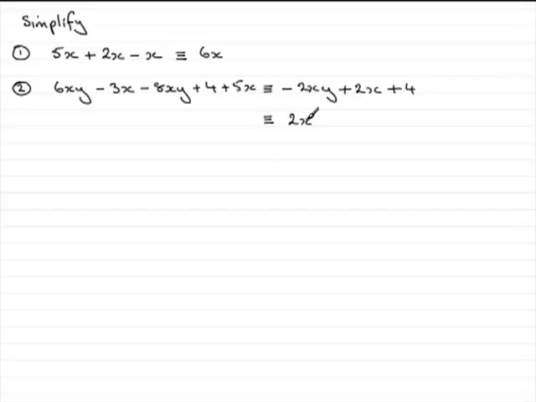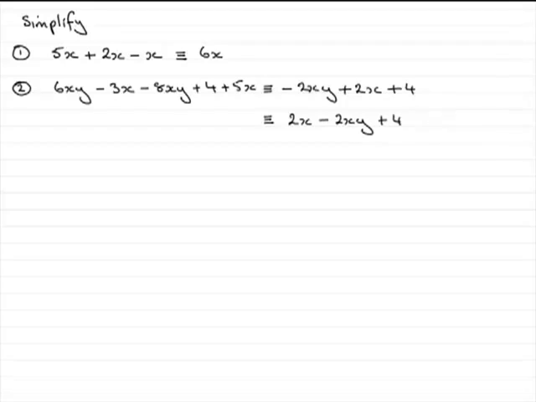So I've got 2x, and then I've got the option of either writing minus 2xy or the plus 4. Let's suppose I choose to write minus 2xy in. There you go, minus 2xy and then plus 4. But I could write is identical to 2x plus 4 minus 2xy. It doesn't matter the order of the terms. Okay?